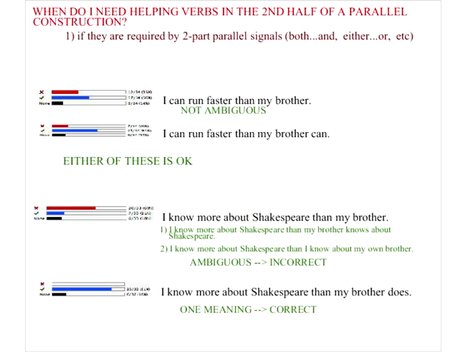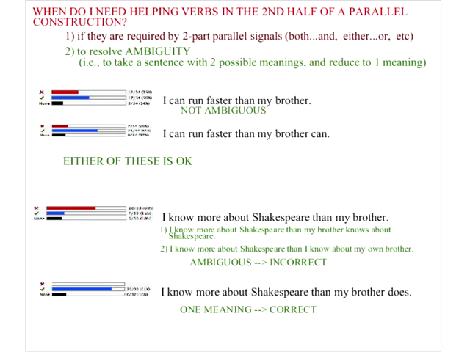What happens here is if I need that helping verb to resolve ambiguity, i.e., to take a sentence with two possible meanings, or more than two, but that's going to be rare, and reduce to one meaning. So smiley face if you guys understand this stuff on this page, why these are both fine, why these are not both fine.